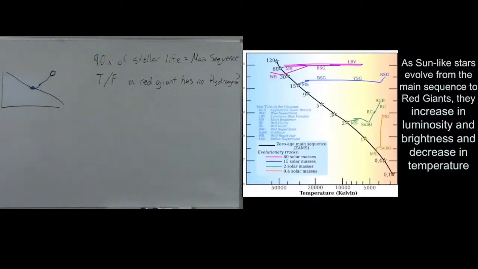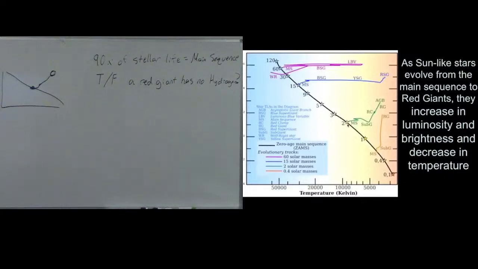As it becomes larger, it will become brighter, and it will also decrease very slightly in surface temperature. So as we follow its life track after the main sequence into the red giant branch, it will go up in luminosity. That's because it's becoming brighter.